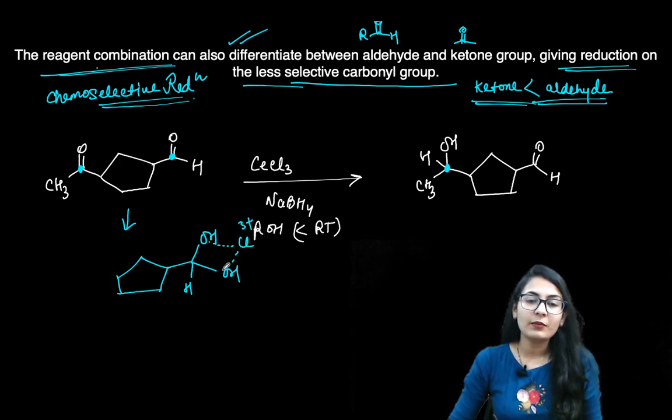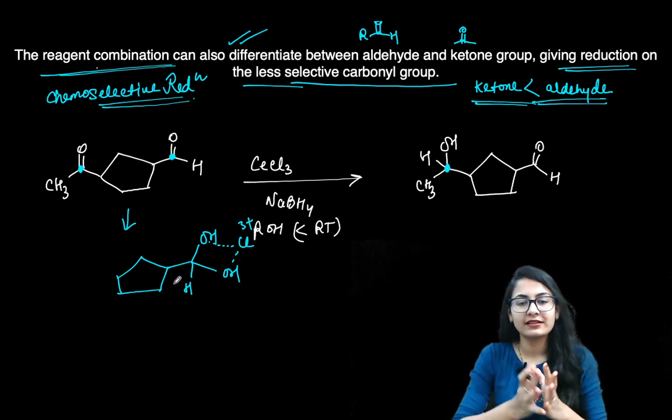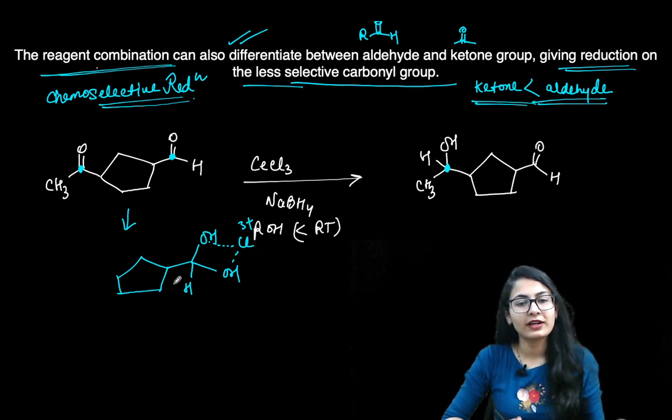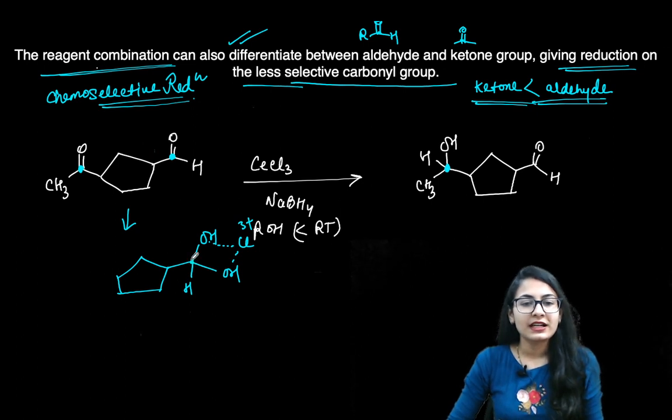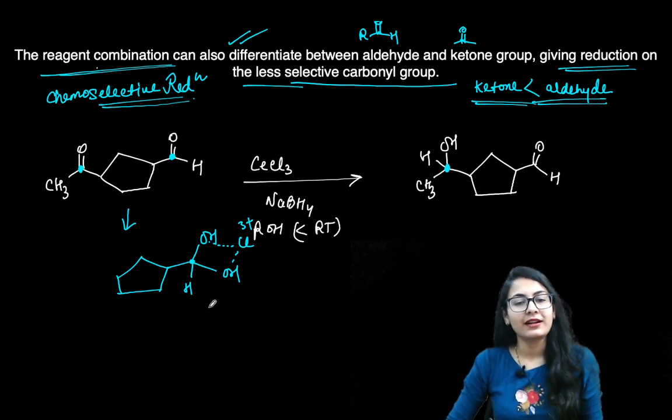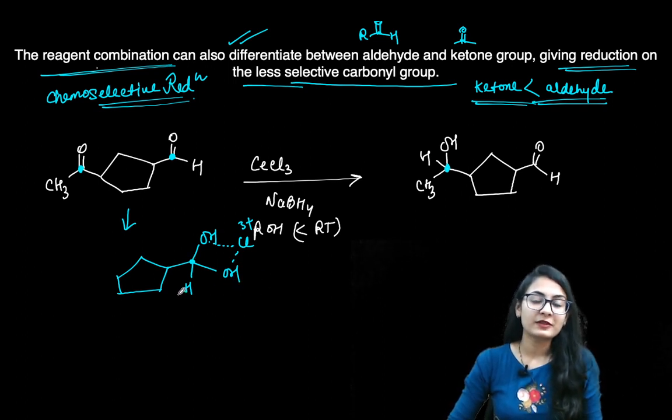So if both of these oxygens are chelated to cerium, it is not reacting. It is basically complexed already. So this carbon is not going to attract anything. It has already attracted an oxygen nucleophile, because of which it forms the hydrate. Now the less reactive ketone is free.